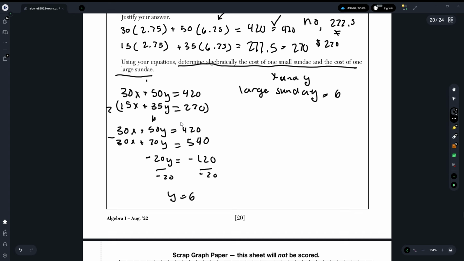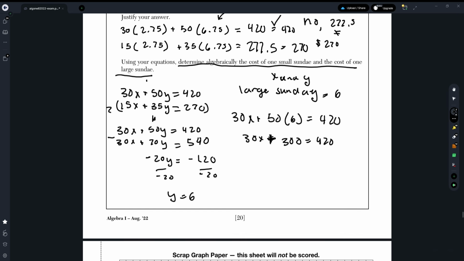$6. And all we have to do now is plug in 6 for one of our equations. So I'm going to do the top one. So 30x plus 50 times our new price is equal to 420. So here we're going to have 30x plus 300 is equal to 420, because 50 times 6 is 300.